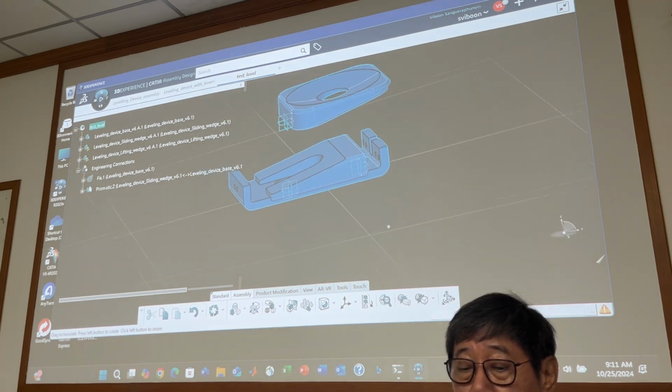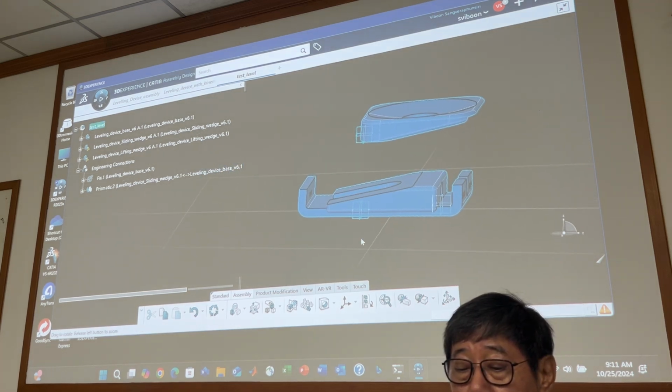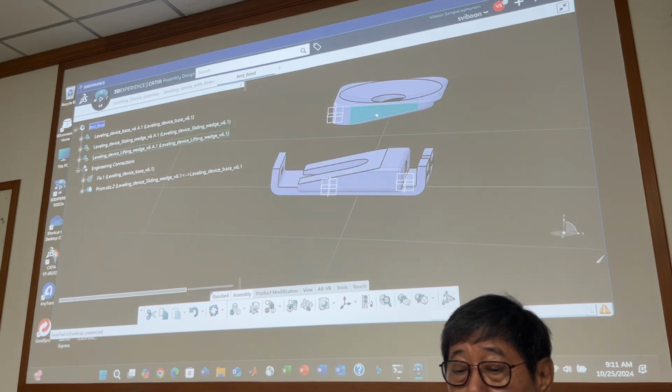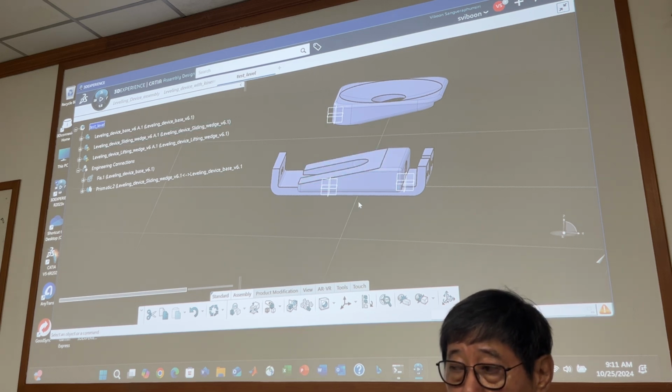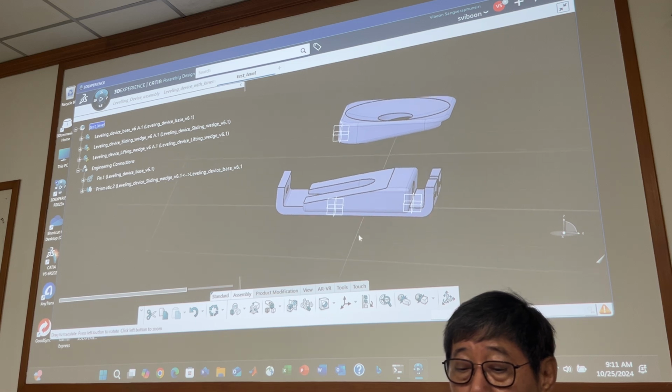We have two things that we need to do. One is the relationship between this and base, and this one with this sliding wedge. I have to do two joints actually.